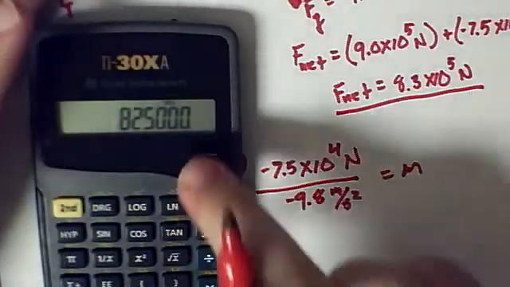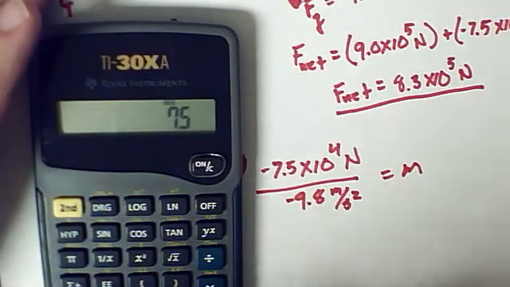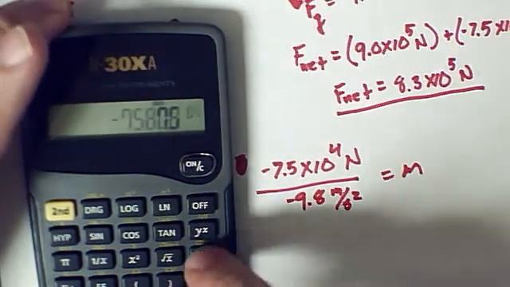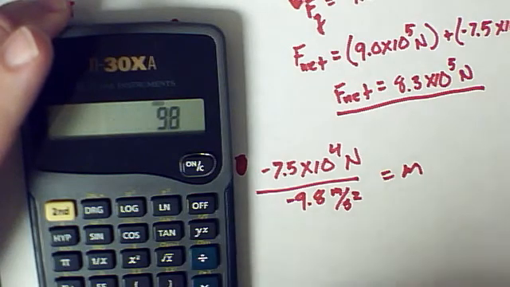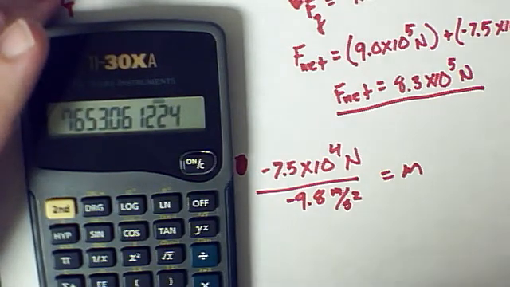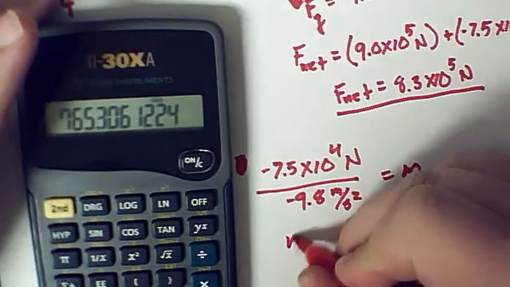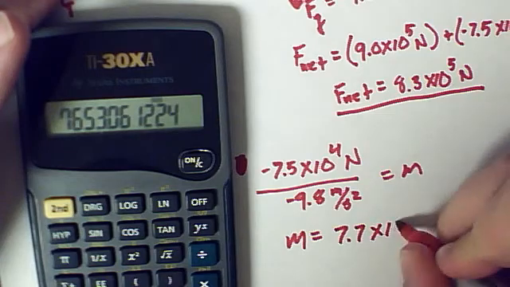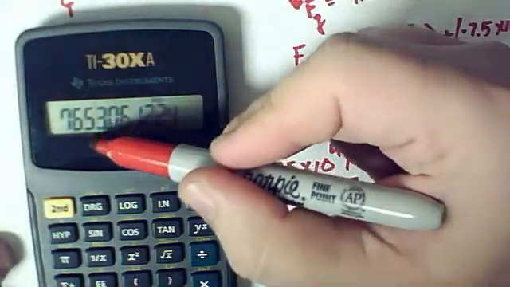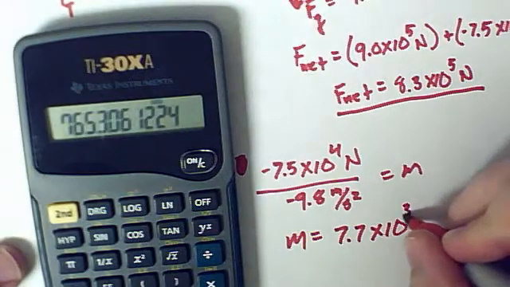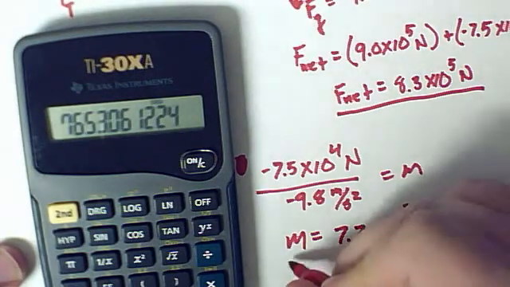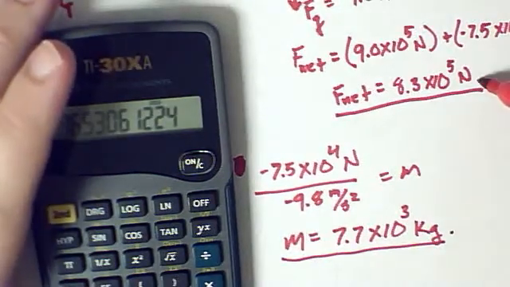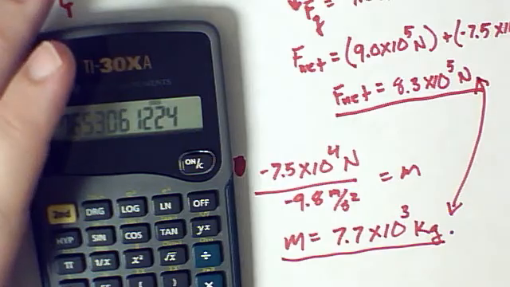So again, take my calculator, 7.5 negative times 10 to the 4th divided by 9.8 negative equals, the mass is 7.7 times 10 to the 3rd kilograms. So now that's my mass. So I have my mass and I have my net force right here.